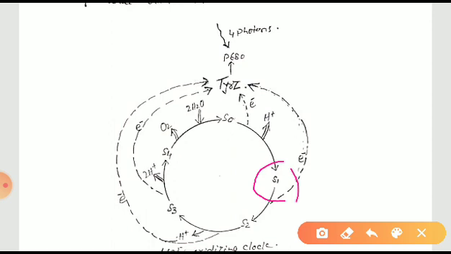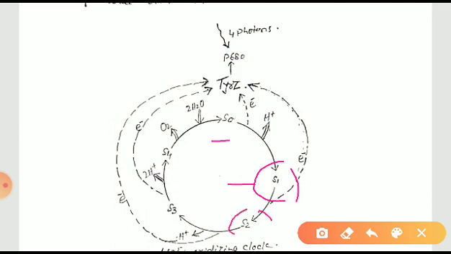After one flash of light, P680 loses an electron and becomes P680 plus, that is the oxidized form, and it must eventually be reduced by an electron. The flash of light at the same time also converts clock from S0 to S1, or if the clock starts at S1 state, it is converted to S2 state.